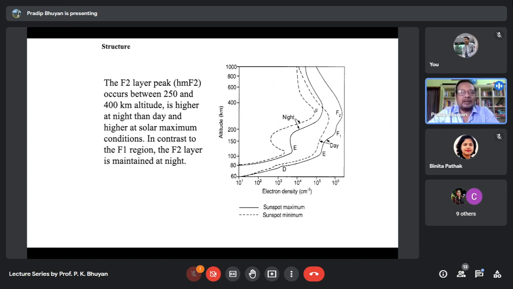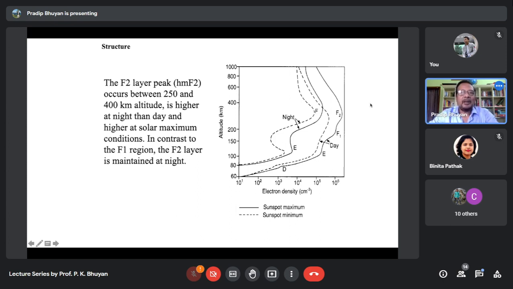If some of you are familiar with the experiments which we conducted with the balloons in our laboratory, just in front of physics and CAS, in the balloon, what you do, you put a number of instruments which measure the meteorological parameters. In our case, it was temperature and then wind and those kind of things.